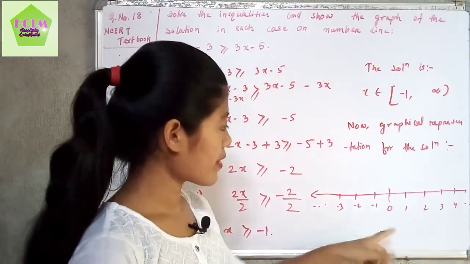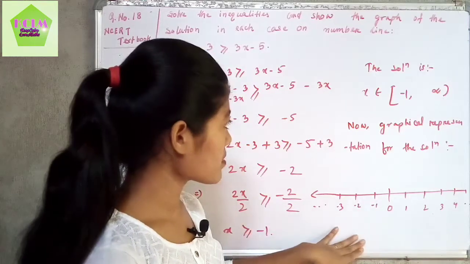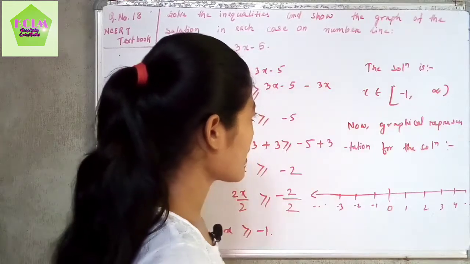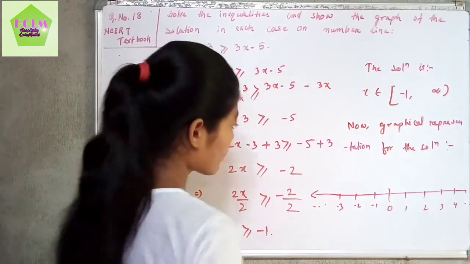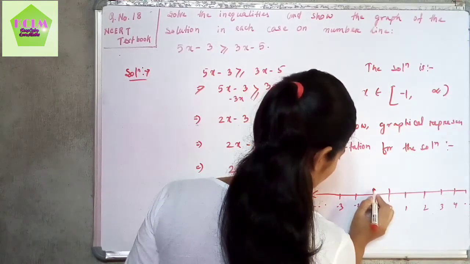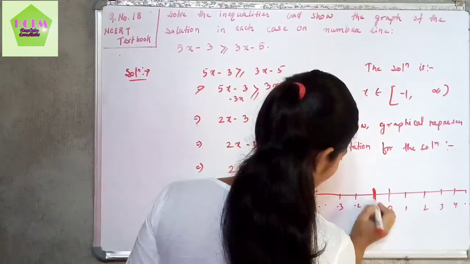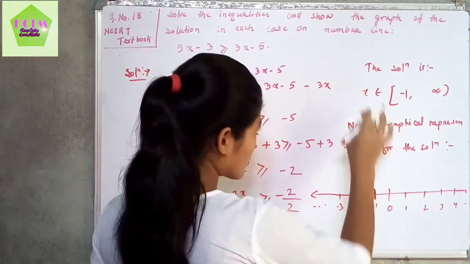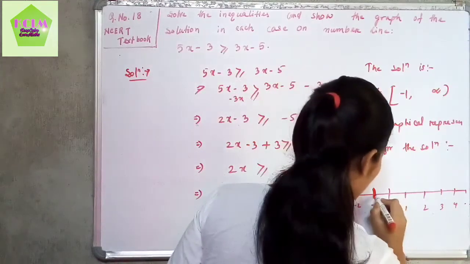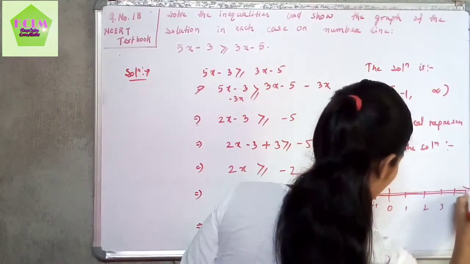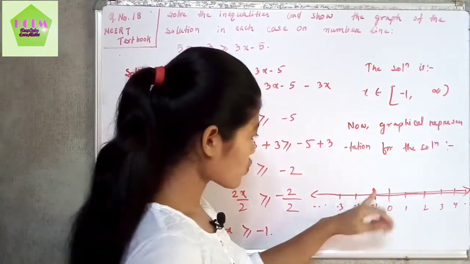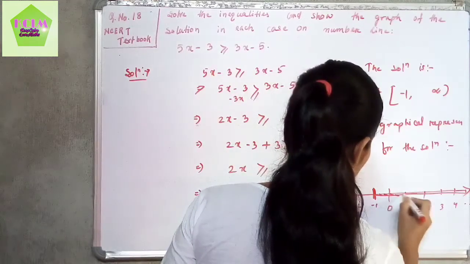since on the number line we have 0, positive terms and negative terms, but for this solution including minus 1 and the greater values. So here the minus 1 is this, so I am marking this point, and since the solution includes minus 1 as well as greater values than minus 1, therefore the solution is on the right hand side from minus 1, including minus 1 and the greater values than minus 1.